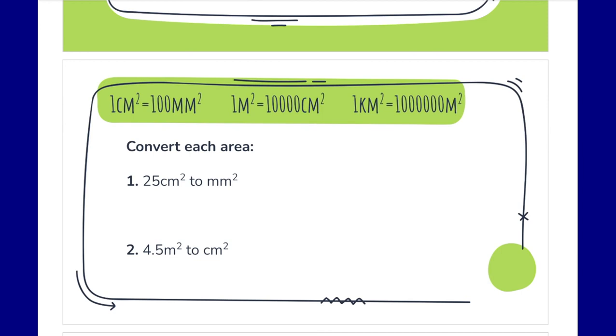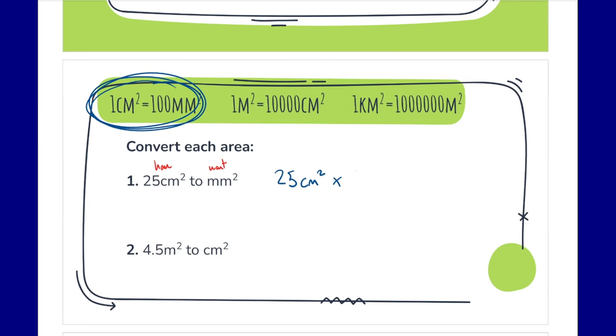So 25 centimeters squared to millimeters squared. We do have a unit rate for that. We have centimeters squared, we want millimeters squared. So we're going to start with the units we have, 25 centimeters squared. We're going to multiply that now by a unit rate.